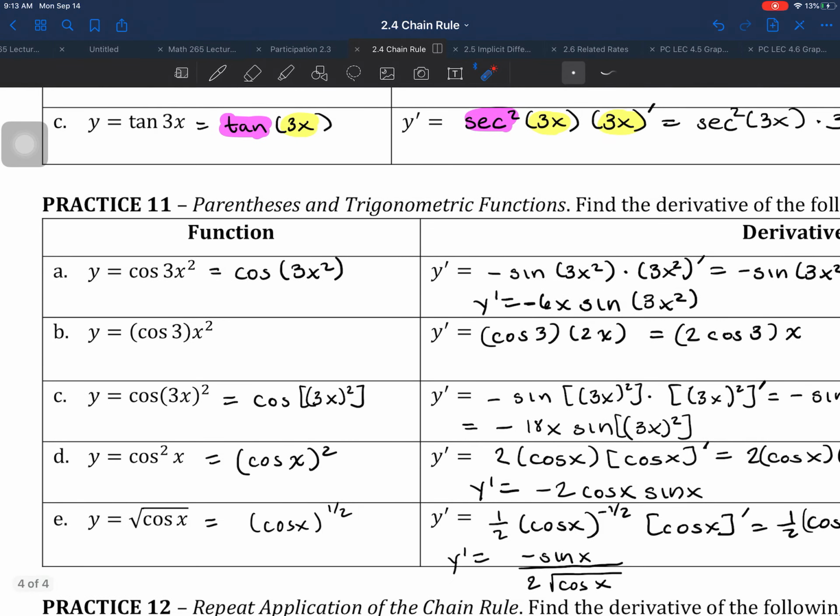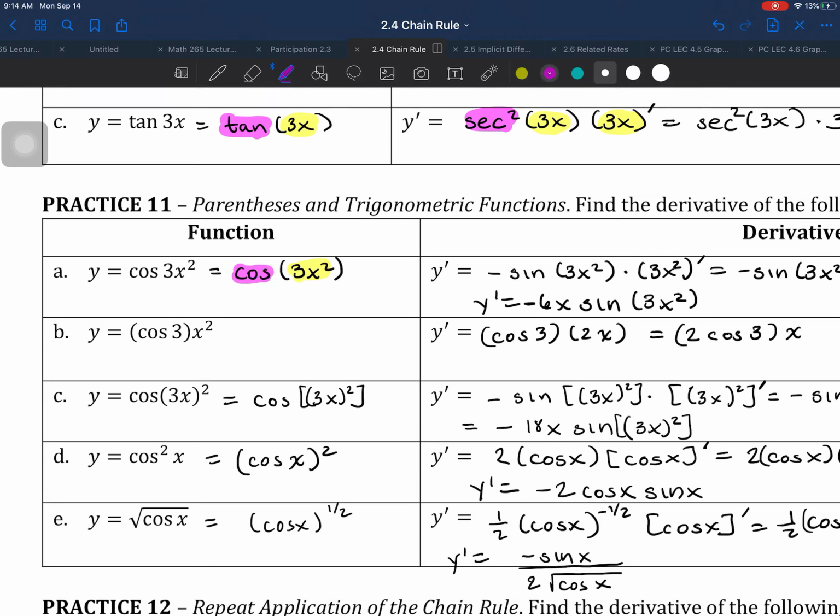So here are a few examples that we can try, and I'm trying to cover all the cases where we see parentheses. When we have cosine of 3x squared, you should be able to visualize it this way. I don't have to put the parentheses, but this is how this is translated in my head. So I see here that this is the inside function and the outside function.